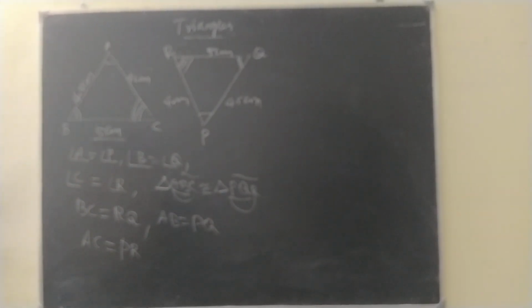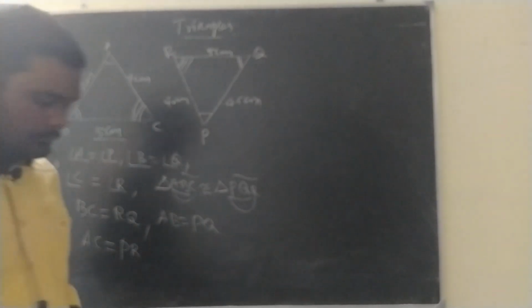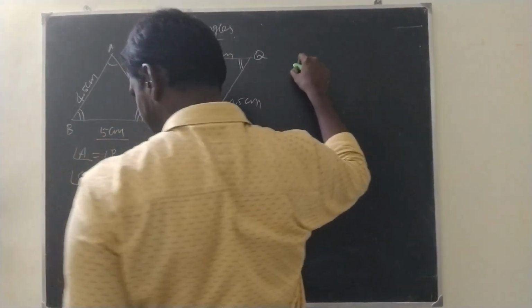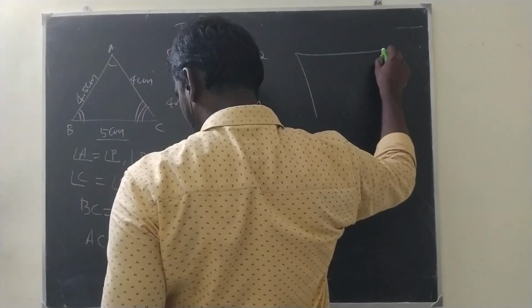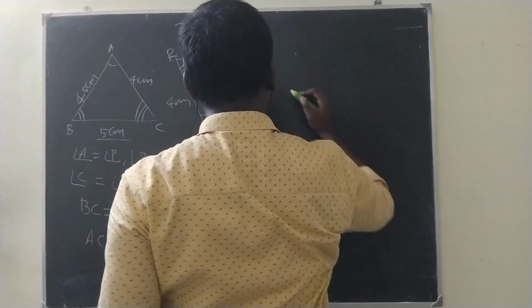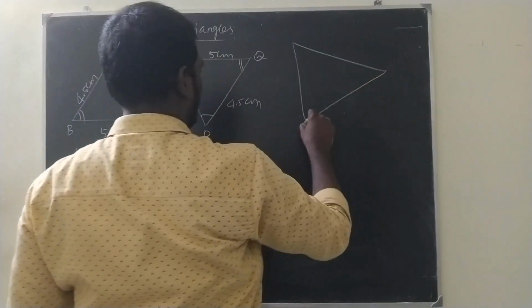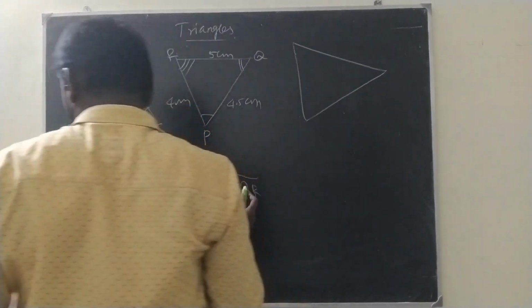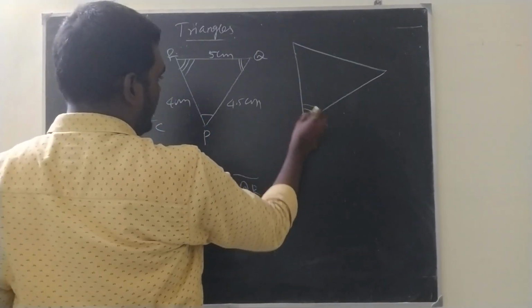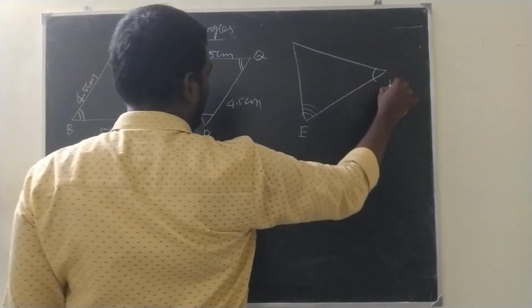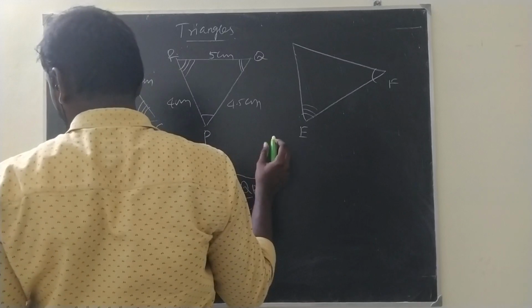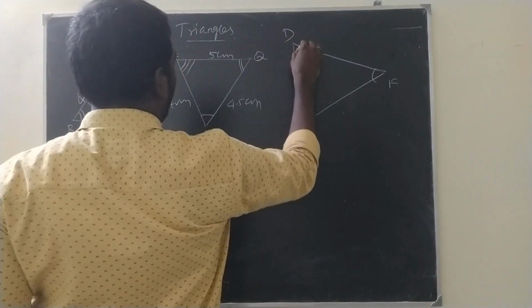Now the other set of triangle DEF. Here angle E is there, here angle F is there, here angle D is there.